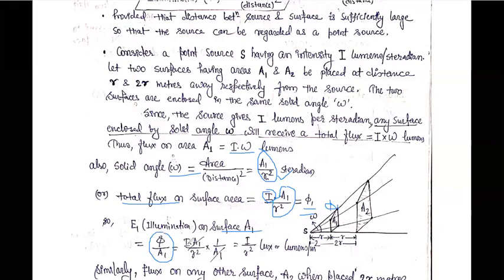So when we put the value of phi, we get the illumination E1 at surface 1 equal to I divided by R square. That means it satisfies the inverse square law. E1 is inversely proportional to the distance square.